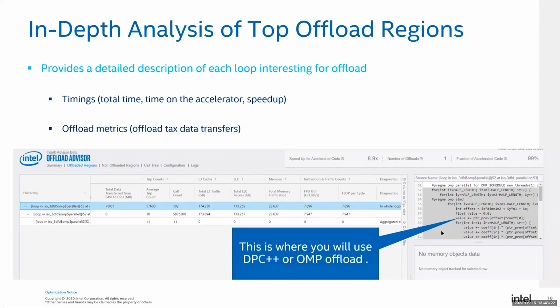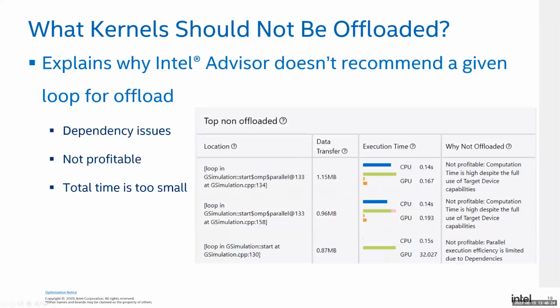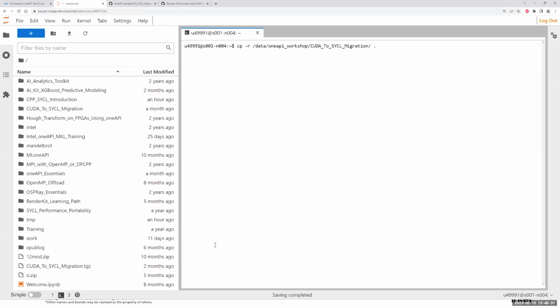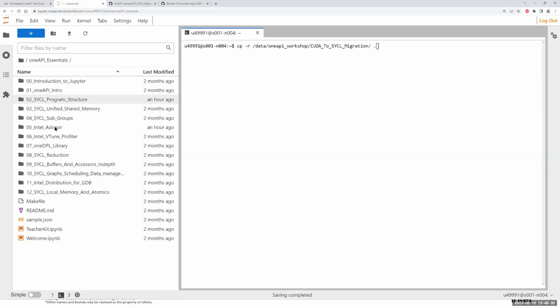And so I can show you a working demo of this on the dev cloud. If you go into dev cloud and the oneAPI essentials folder, there is module 5 and 6, which is focused on the tool itself.